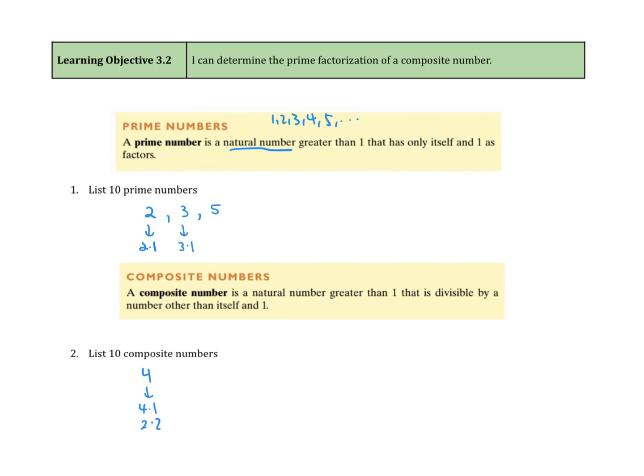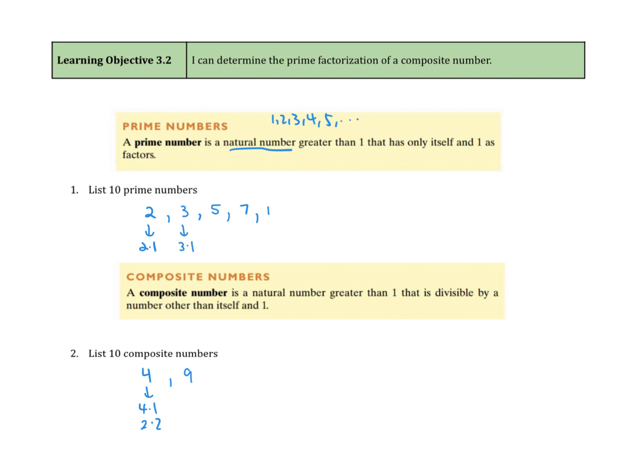I'm just going to keep going in order. My next prime number after 5 would be 7. I don't want to just choose all the odd numbers because 9 is not prime. 9 has factors like 1 times 9, but also 3 times 3. So I'm going to put 9 in my composite list.